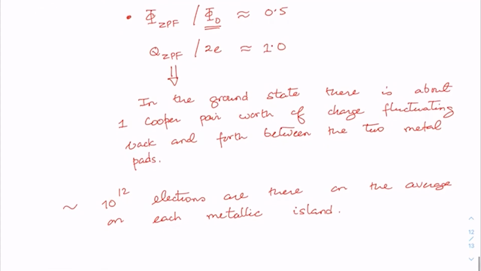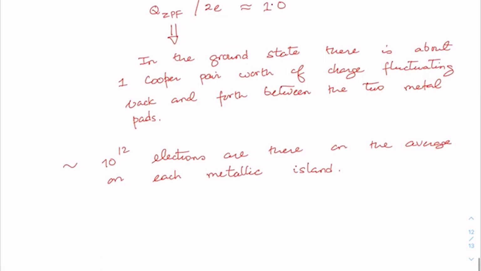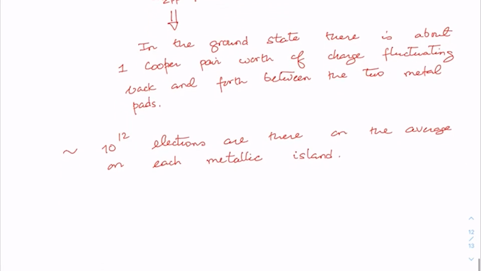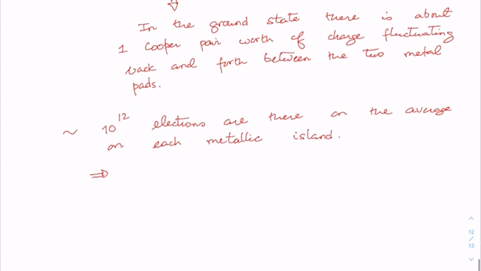So we have to keep our device at very low temperature, just to avoid too much quantum fluctuation, so we must keep the transmon at very low temperature.